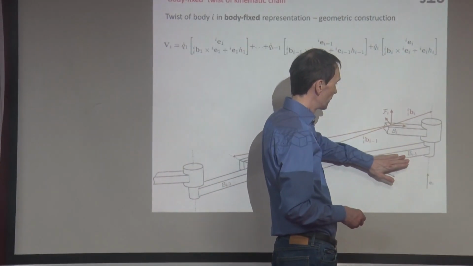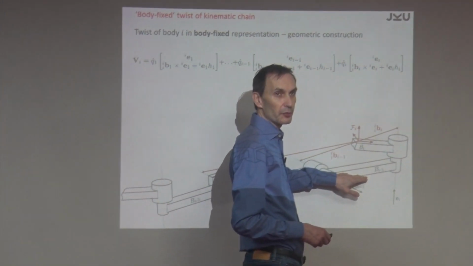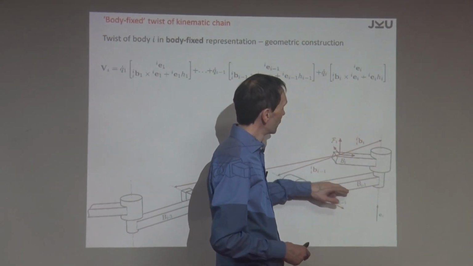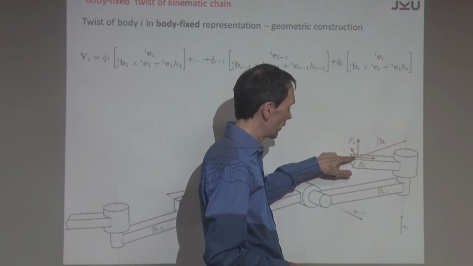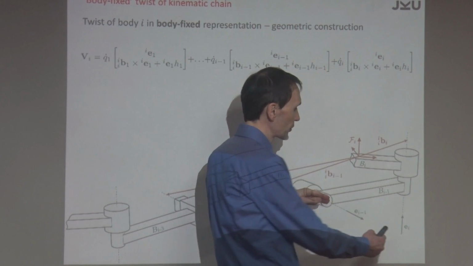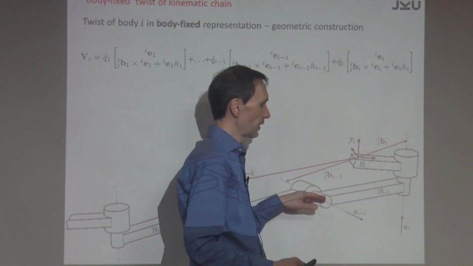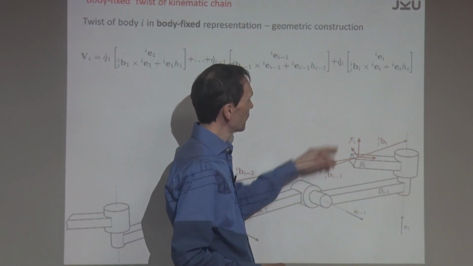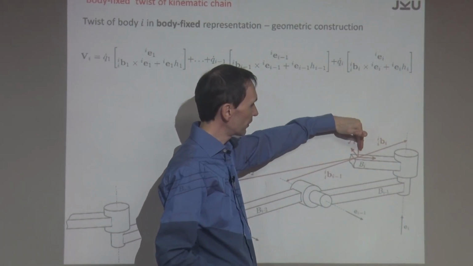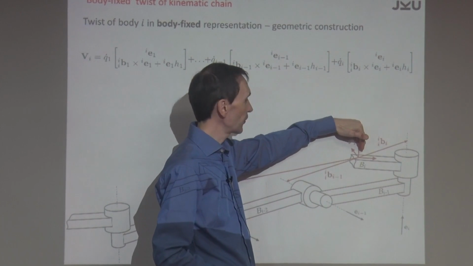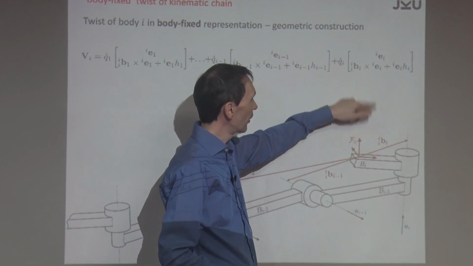If you have the two, again, body I minus 1. So the twist of this frame, this means body I, due to the motion of the last joint, what is it? It was just this term here, right? It was just the screw coordinate of the joint I expressed in frame I times q dot.